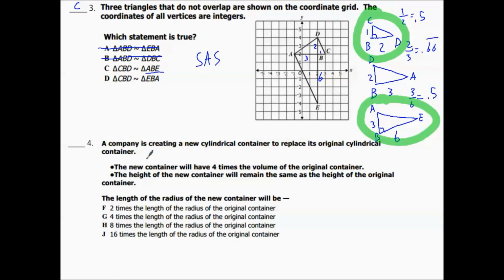Finally, a company is creating a new cylindrical container to replace its original cylindrical container. Keyword, cylinder. So as soon as I see that, I would go to my formula sheet and get the formula, because we're dealing with volume.